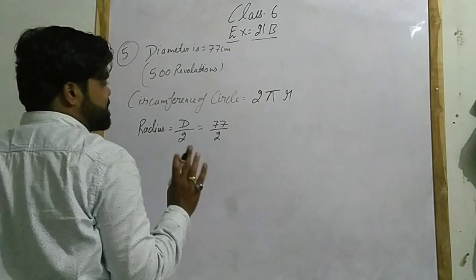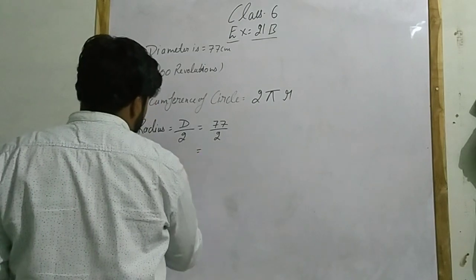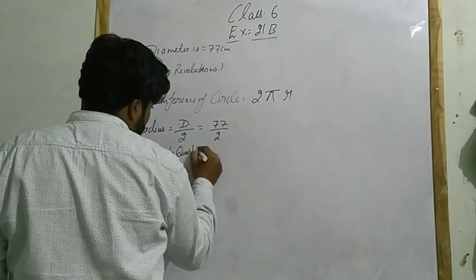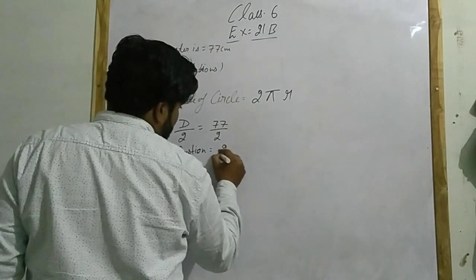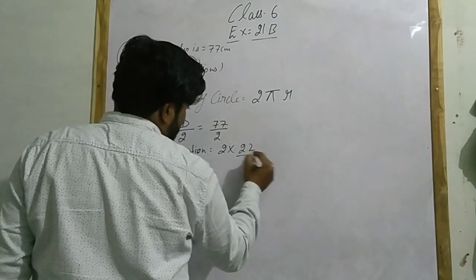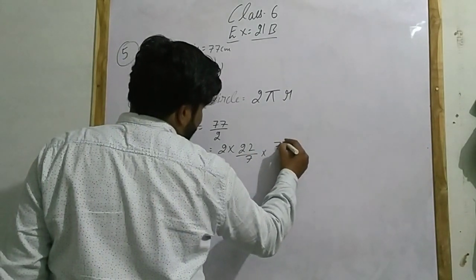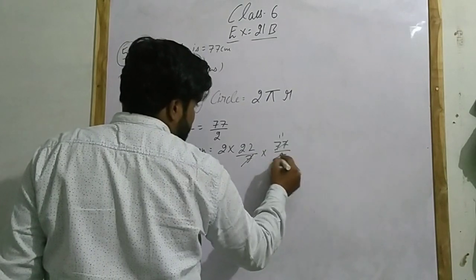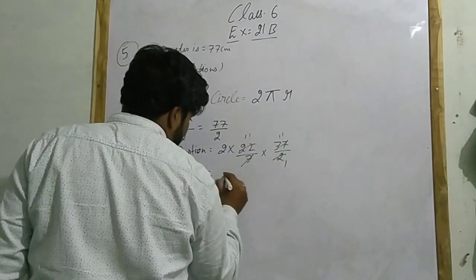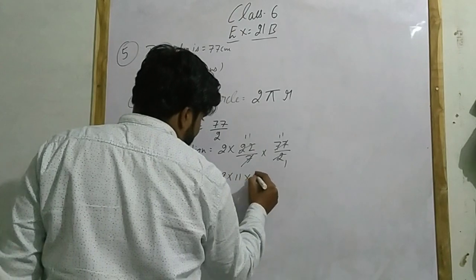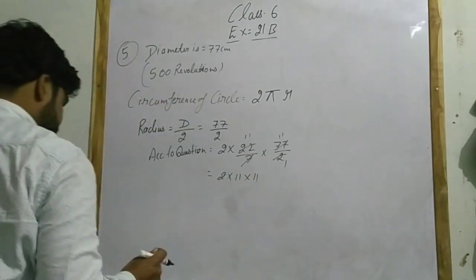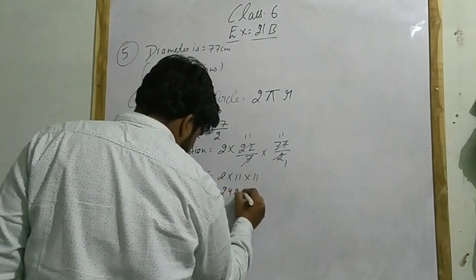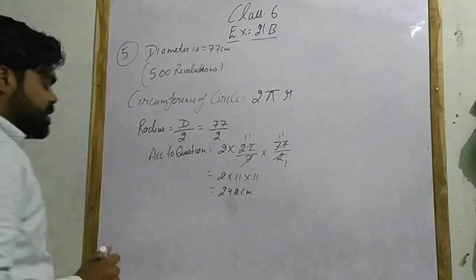Now according to the question, 2 multiplied by 22 upon 7 multiplied by 77 upon 2. 2 multiplied by 11 multiplied by 11 will be 242 centimeter.